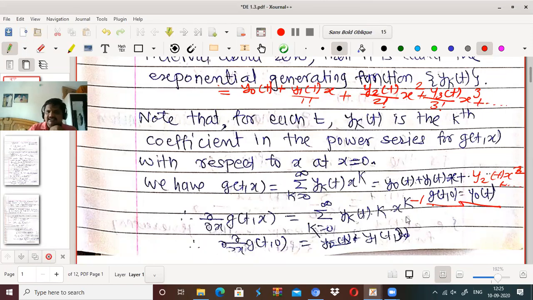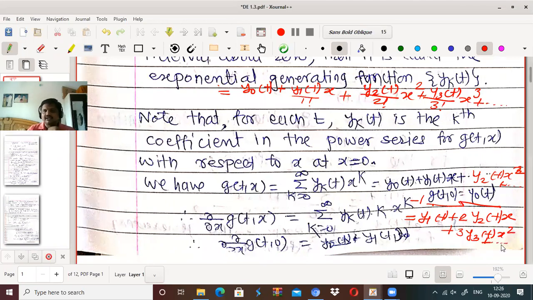What is this? The first term y0t, its derivative with respect to x becomes 0. y1t into x, its derivative becomes only y1t, plus y2t into x square, whose derivative becomes 2 into y2t into x, plus 3 into y3t into x square and so on.